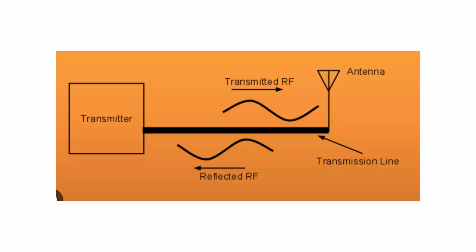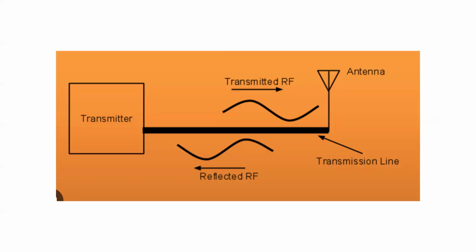So we'll take a look at this very simplified diagram of a transmitter. Could be a transceiver as well. A transmission line, also called a feed line. Typically, it's coax cable. And an antenna, we got a generic symbol for antenna.